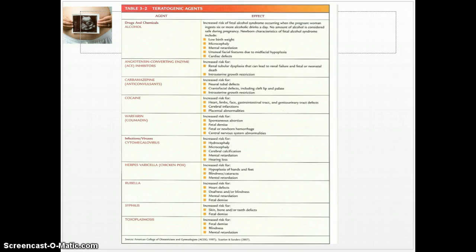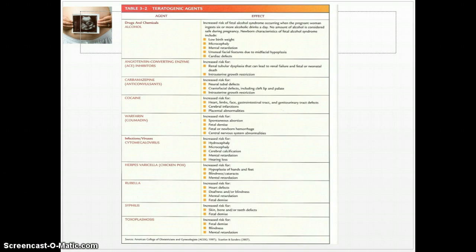This is table 3-2. It's just a couple of agents that are teratogens with their effect on the baby. Again, you can see that alcohol can cause fetal alcohol syndrome, which can lead to low birth weight, microcephaly, mental restriction, unusual facial features, and cardiac defects.